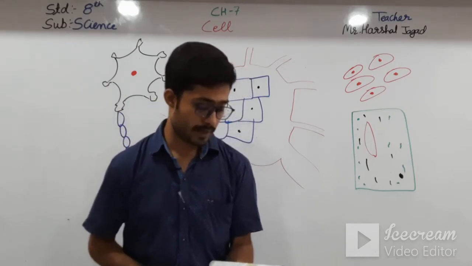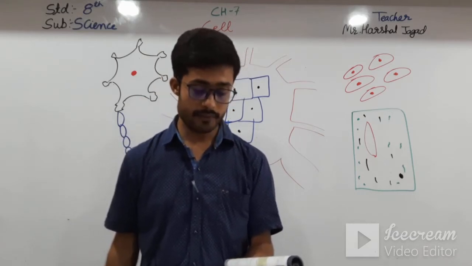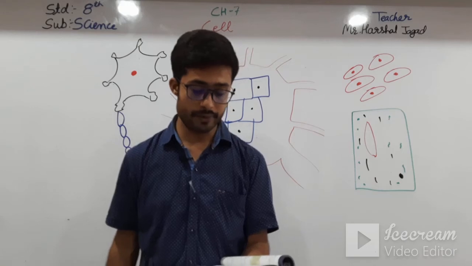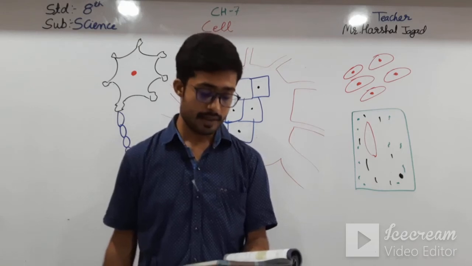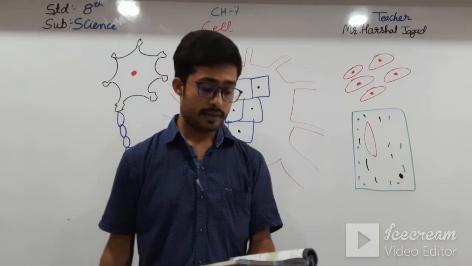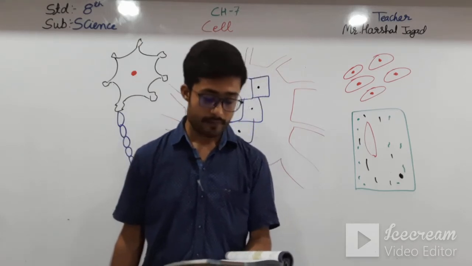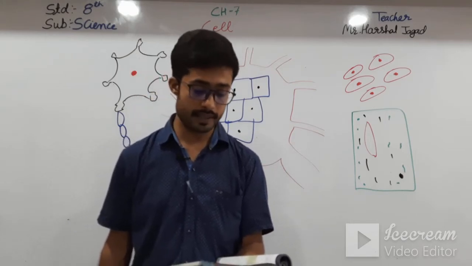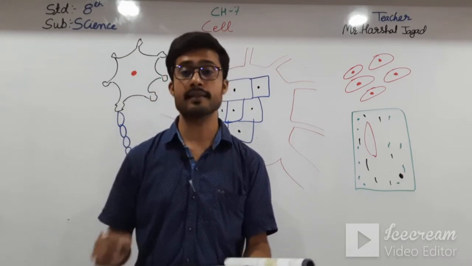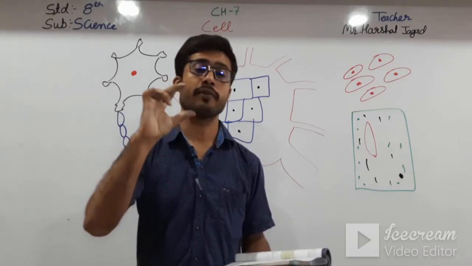And cytoplasm: within the cell membrane, the cell is filled with a jelly-like fluid. Many different living parts are found in the cytoplasm. Here we will take the example of an egg.